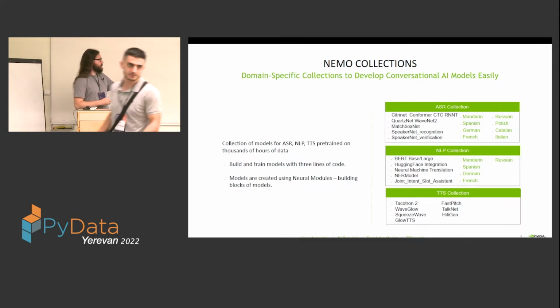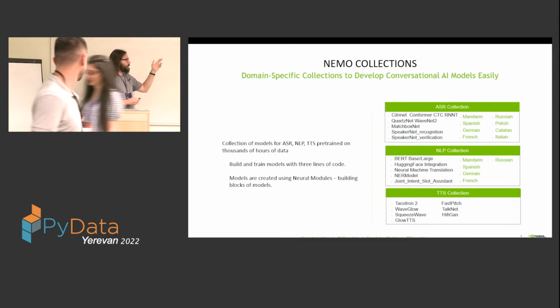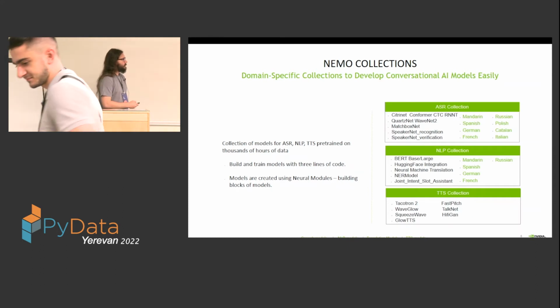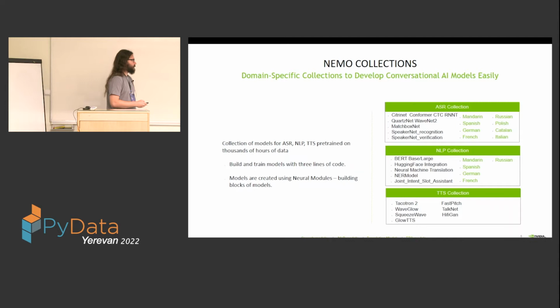So you can see this. We have ASR collections with quite many models and loss functions, not only for speech recognition, but also for identification. We have NLP collection, this is probably a bit outdated.